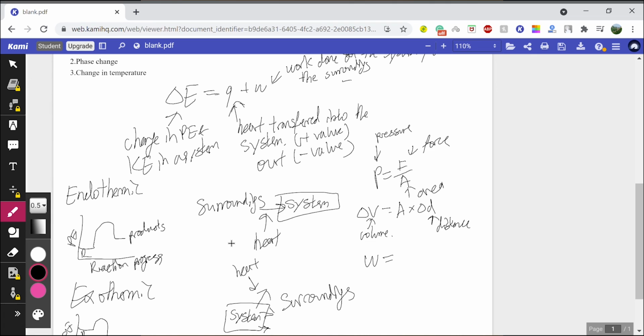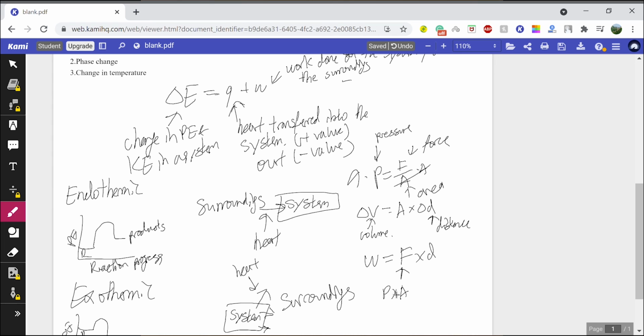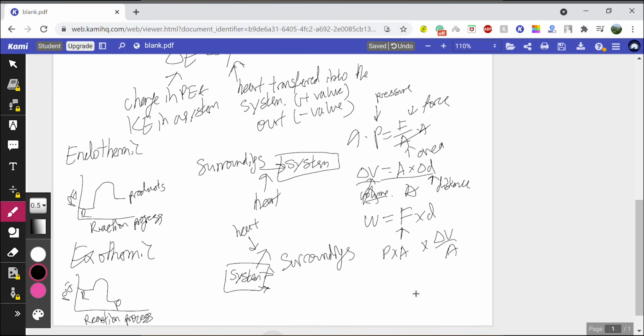Therefore, work equals F times D, where F is P times A, because if you multiply A on both sides, it cancels out, so P times A is equal to F. And D is equal to delta volume divided by A. So this equals P times A times delta V over A. So A and A cancel out.